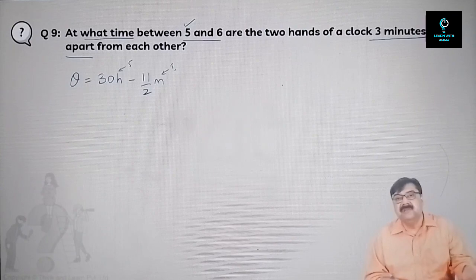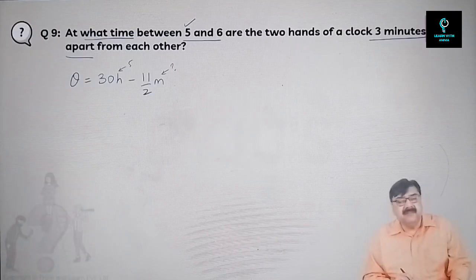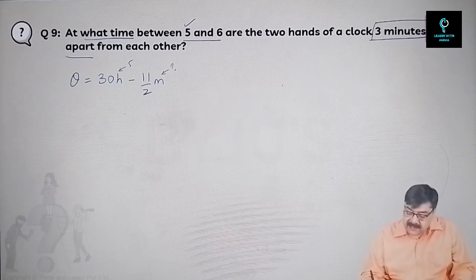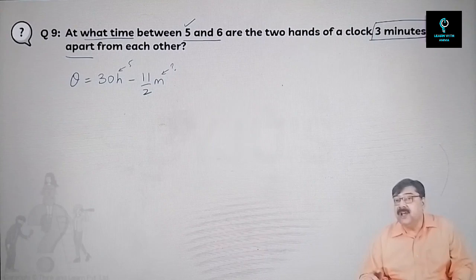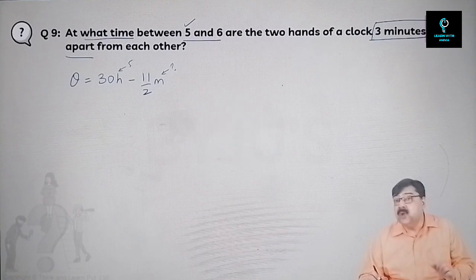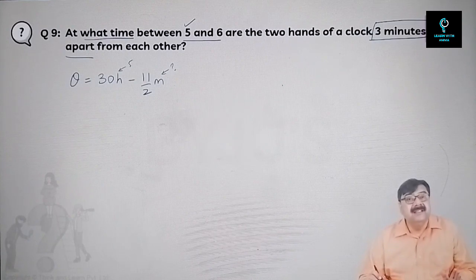So how much is the value of m? Is theta given to us here? Well, yes. We already know that the two hands of a clock are 3 minutes apart from each other. Now we know that between two consecutive minute divisions, the angle made by the two hands of a clock will be 6 degrees.